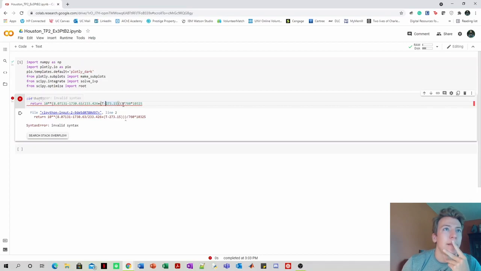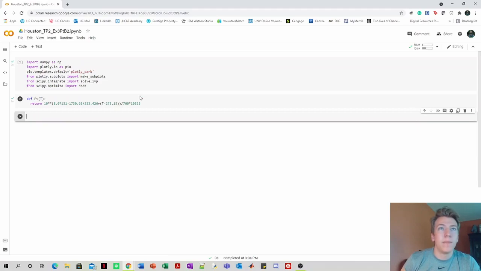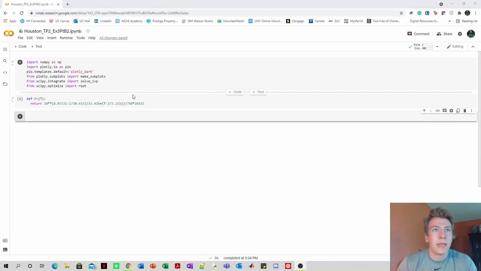I think one too many parentheses there, actually. All right, now we're good. So I realized here when that syntax error came up, what I was actually missing was the first bracket in front of that, to make sure that we included this whole section in the denominator of the equation for the vapor pressure. So I just went back and fixed that real quick.